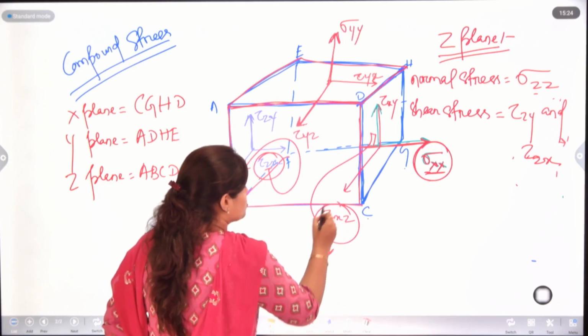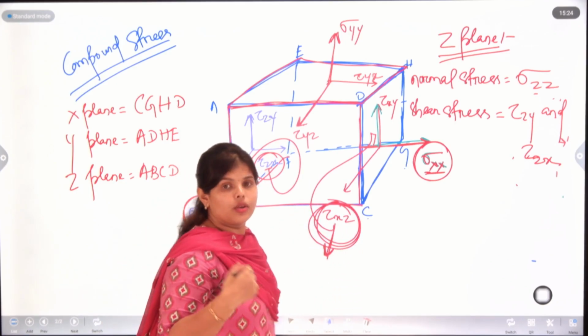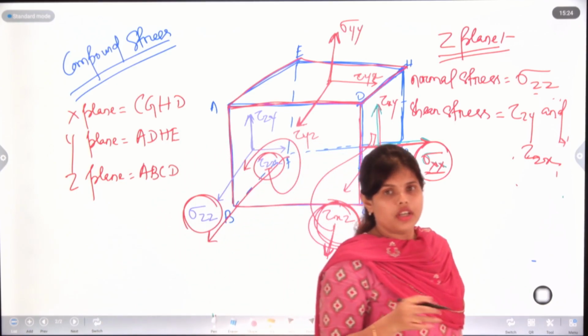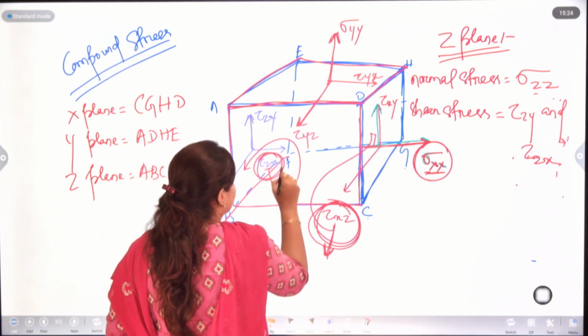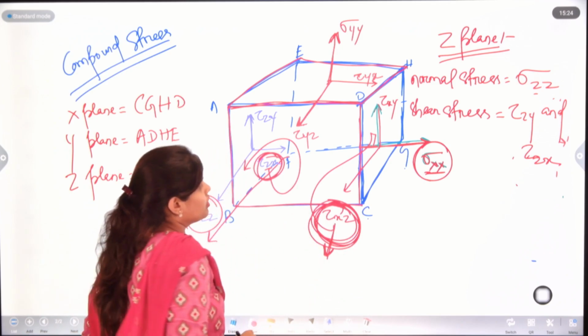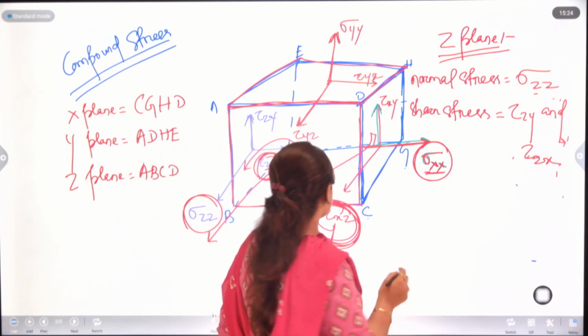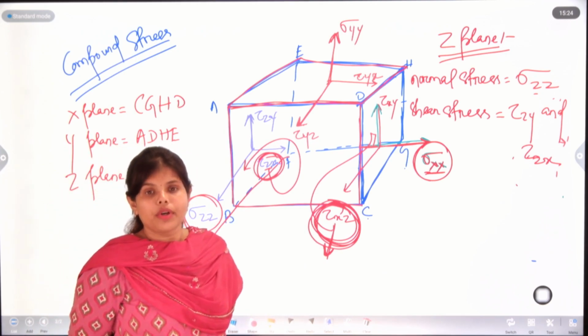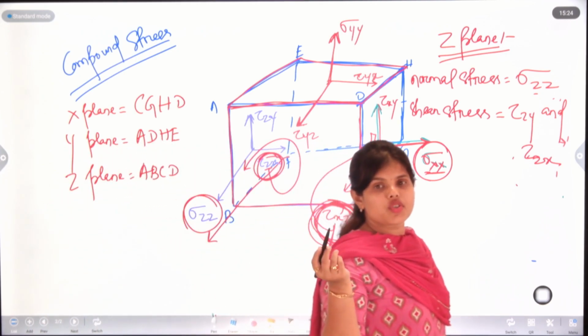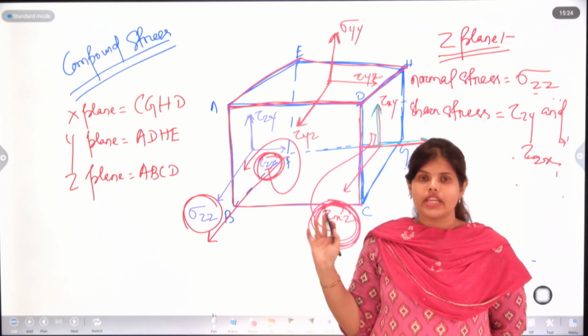I will explain that while we discuss sign convention. So, till now tau zx and tau xz are different. Now we have the stresses in the x, y, z planes.